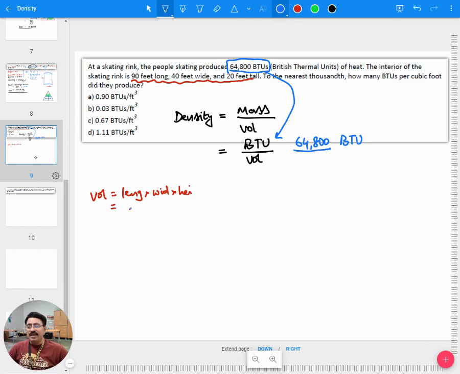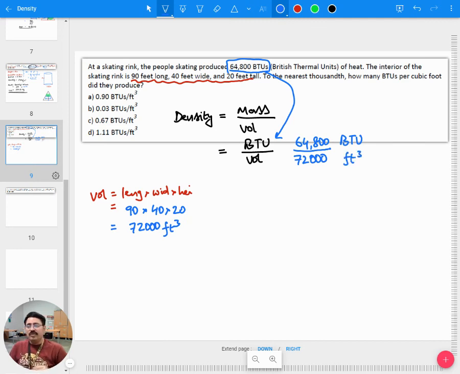Those are 90 feet long, width is 40 feet, and height is 20. Let me make use of the calculator, which is 90 times 40 times 20, 72,000 cubic feet. So let me plug in this 72,000 cubic feet.